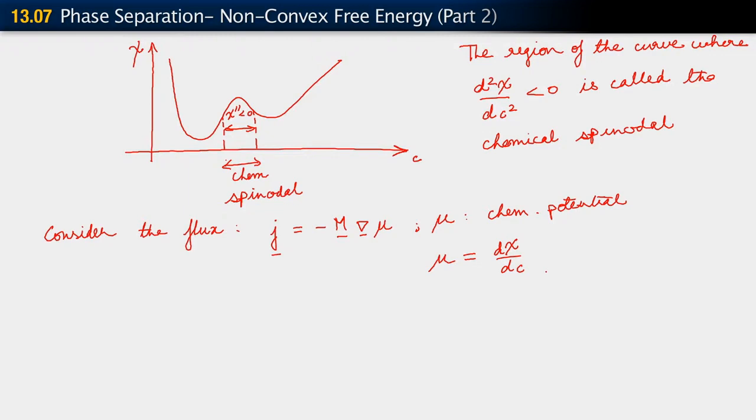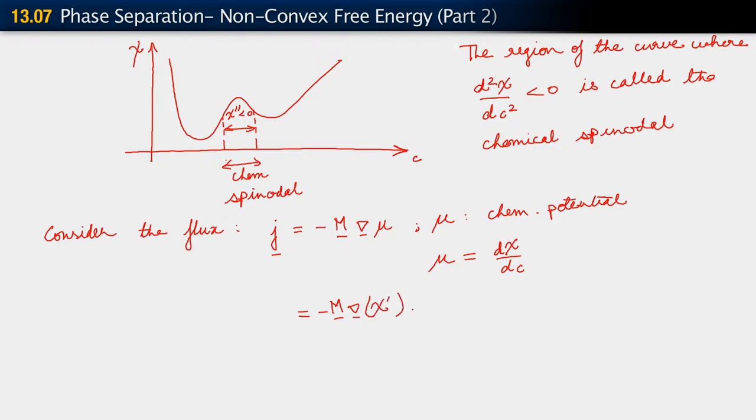Let us now see what happens because of this chemical spinodal. It's actually fairly straightforward to write out this formula in the following form. It is gradient of mu, which we already know to be chi prime.